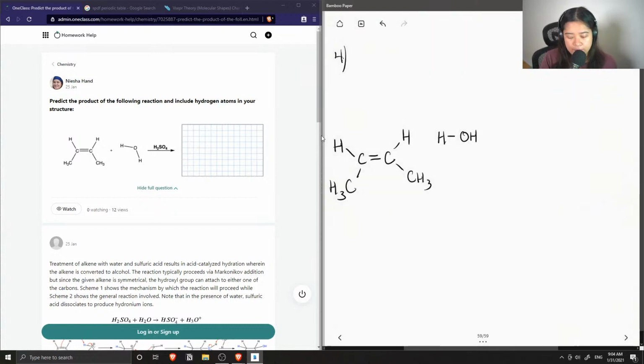And the first step is that the double bond gets reduced to form the following intermediate, where we now have a single bonded carbon structure, like so.